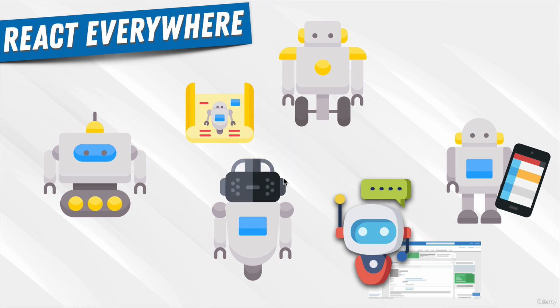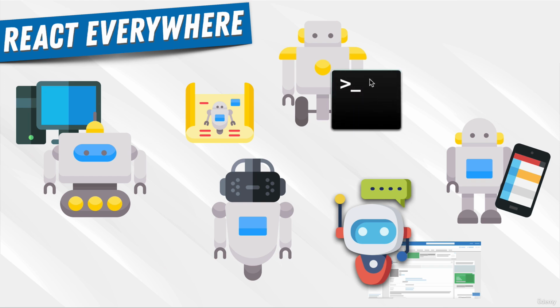You also have things like React 360, which is for VR apps. And again, using this blueprint of React, I can use it for VR apps, and this little robot or library can focus on VR. We also have things like Electron and React Desktop that allow us to build desktop applications, and they interact with Windows, Mac OS and Linux operating systems. We even have things like React Blessed that work with the terminal and the command prompt.